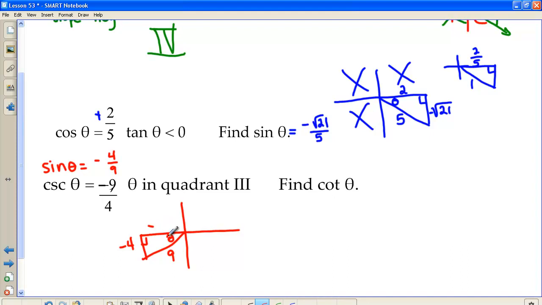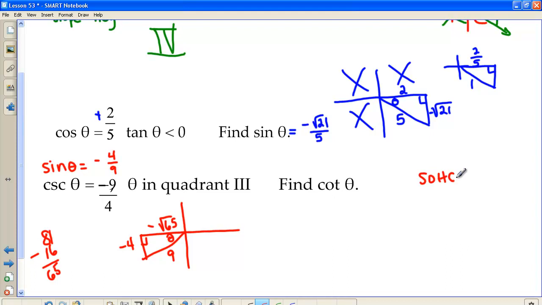Now, this number that's missing, the adjacent side, is necessary for us to find the cotangent. So we'll have to do the Pythagorean: we will do 81 subtract 16 to get this value. So cotangent is the reciprocal of tangent.